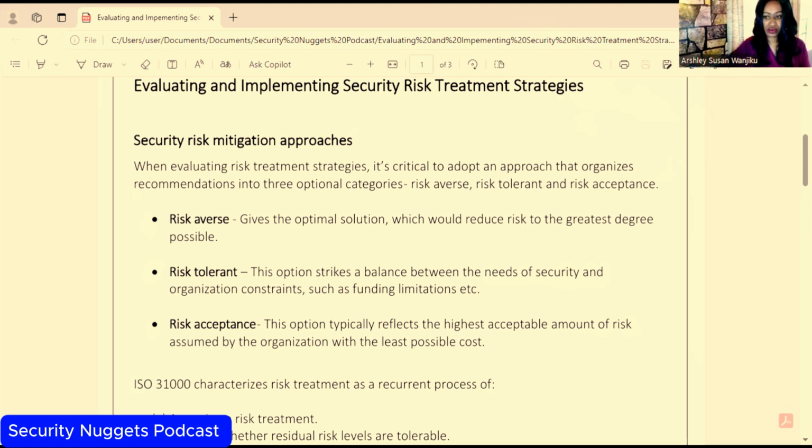The first approach is risk averse. Now, this approach gives organizations the optimal solution to reduce risks to the greatest degree possible.